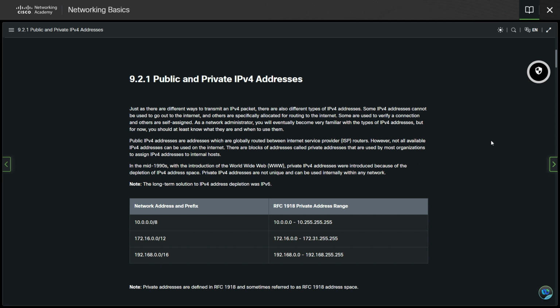Public IPv4 addresses are addresses which are globally routed between Internet Service Provider (ISP) routers.